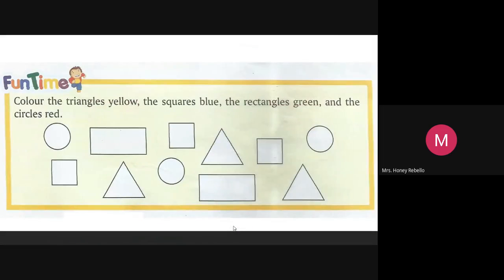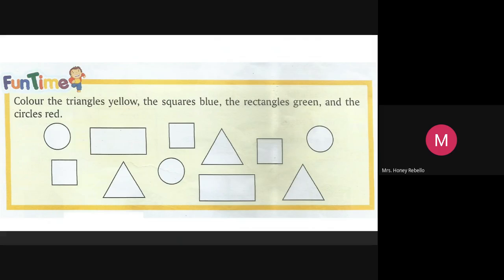Now, children, this one you can do it at home as a homework. Don't do it now, because I have to check all the answers. Please write HW, children. If you have time, we will do it now.